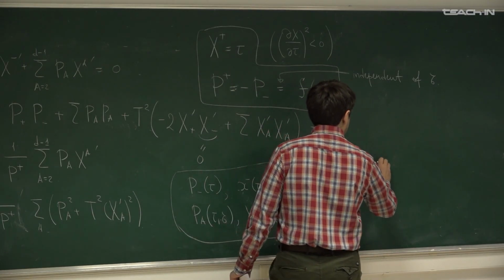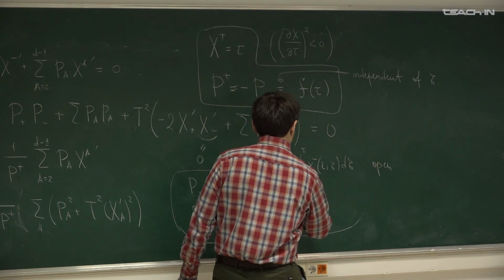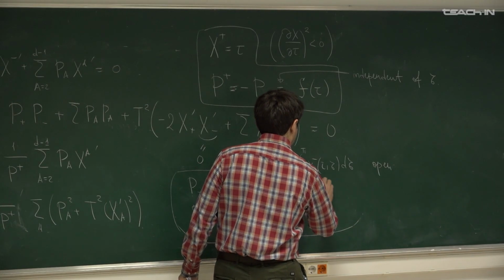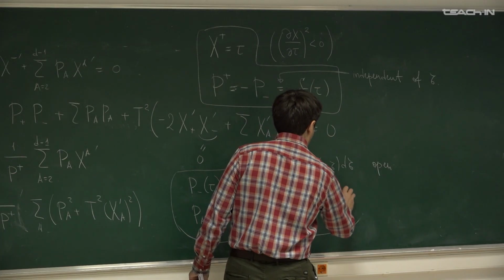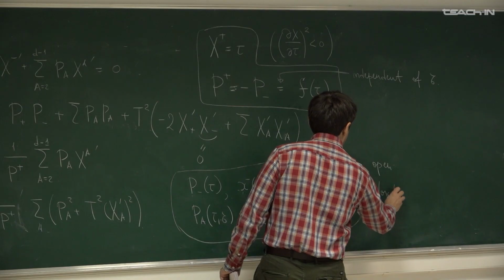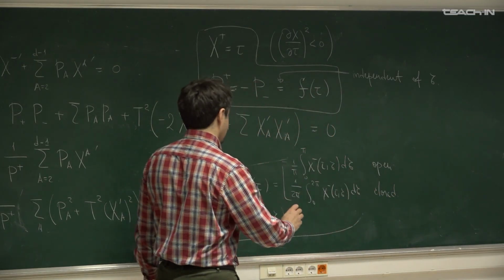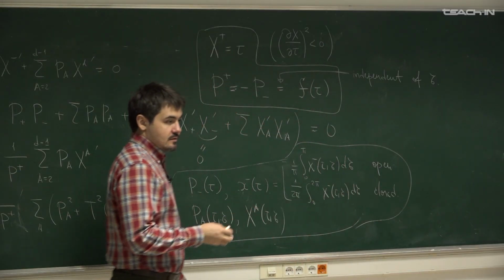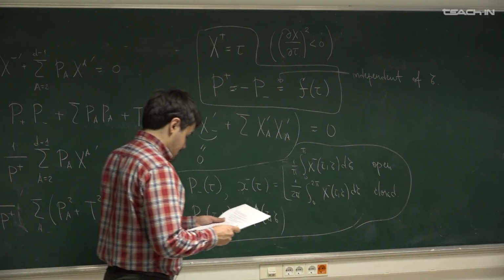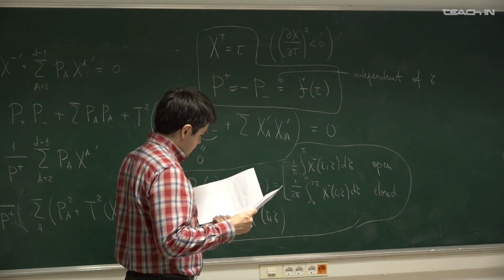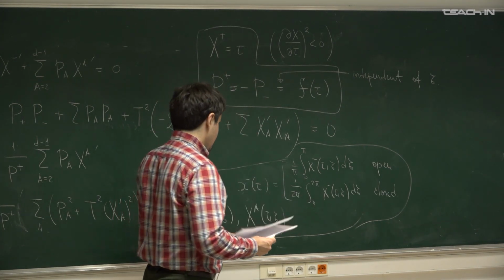This is the open case, and 1 over 2 pi, integral from 0 to 2 pi, closed case, okay? It's just some notational thing. Anyway, the point is that there is some small mode remaining here. And we will write out the Lagrangian in a few moments.